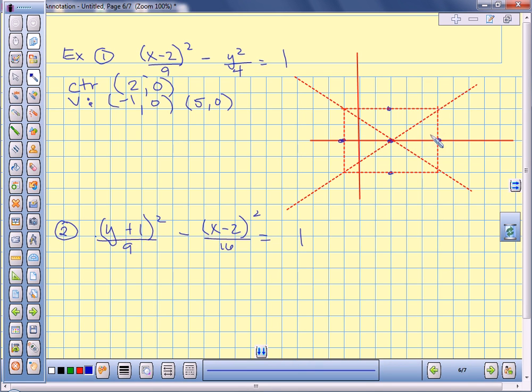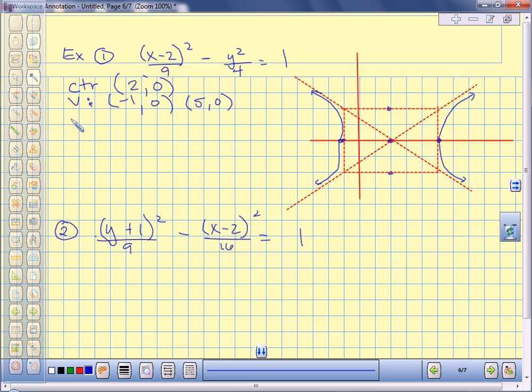The asymptote lines go through the corners of this little imaginary box. Okay, so because the x is positive, this one's going to open up this way, and it kind of follows along our asymptote lines. So that would be on the insides here on either side.